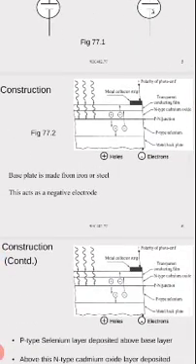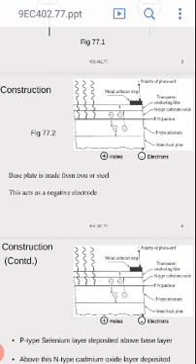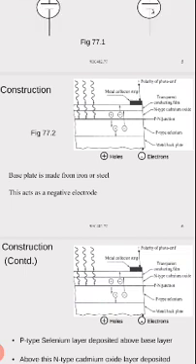Here the same diagram is shown here. P-type selenium layer deposited above base layer.